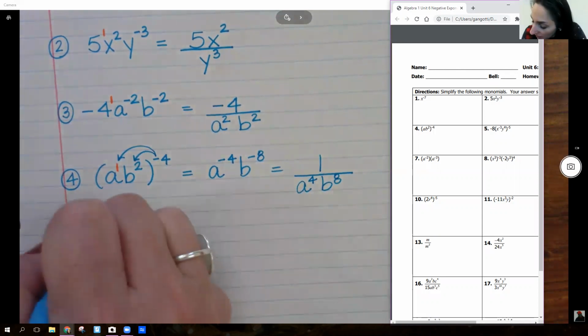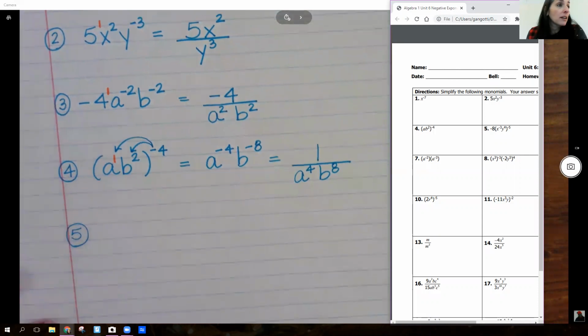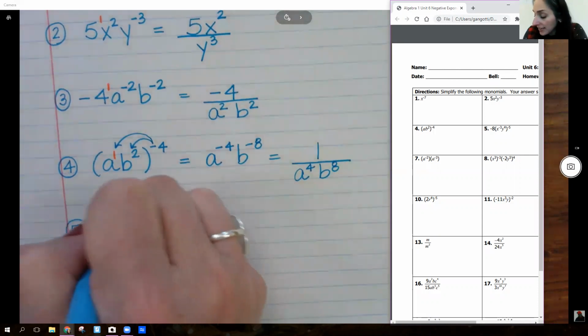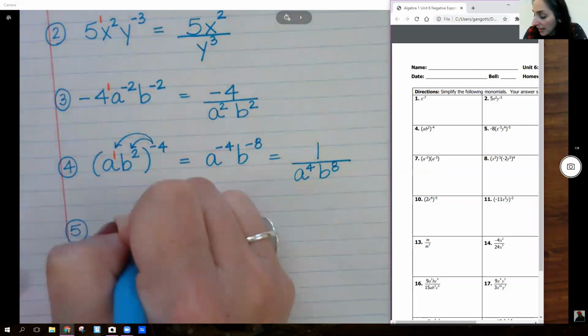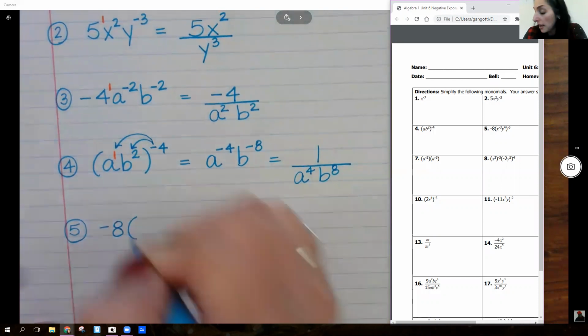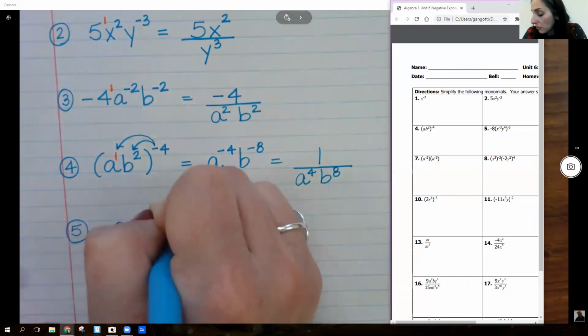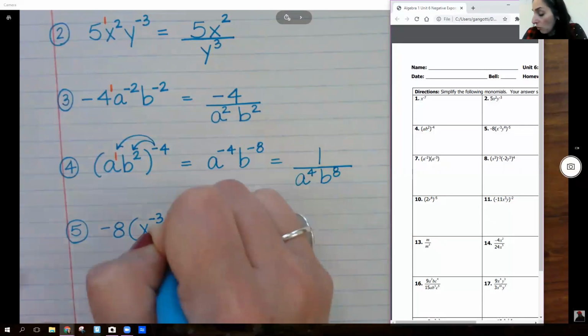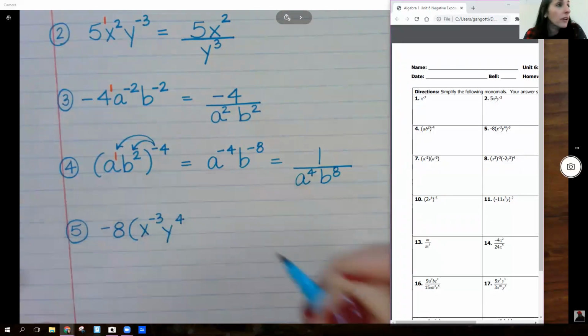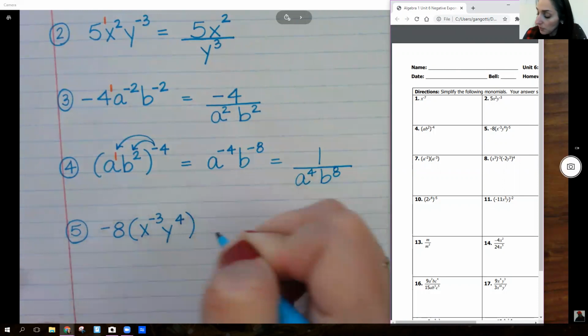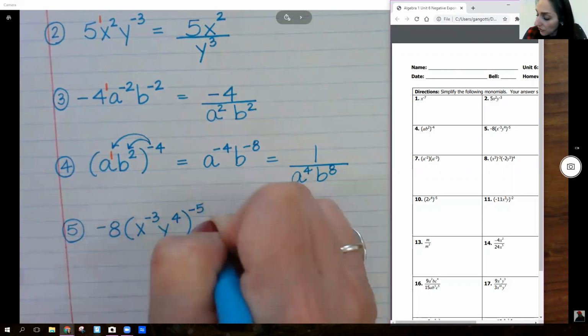Okay, let's look at number 5. Number 5 has a -8 and then a parentheses, x to the -3, y to the 4th, close the parentheses, raised to the -5th.